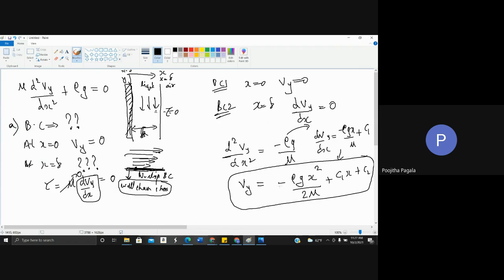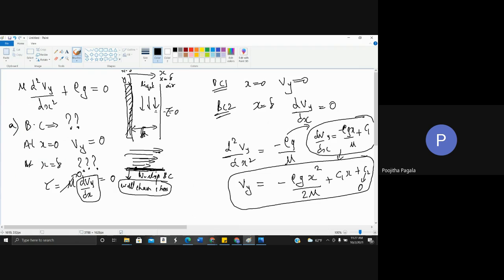But we know that at x equal to 0, Vy should be 0. So if we put x as 0 in this equation, it becomes 0. We get c2 to be 0. So value of c2 is 0. Now let us look at what is the value of c1. To find c1, let us use this equation.